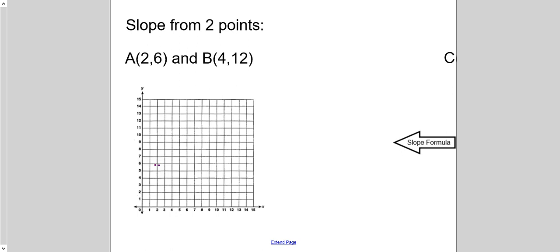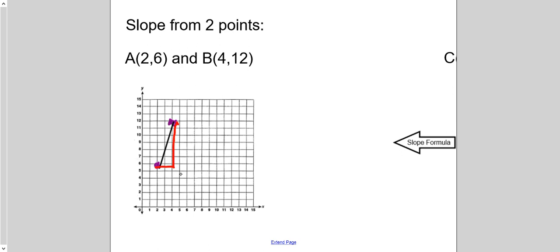So (2,6) is about there, and (4,12) is up here. And then you would draw your line in between them. And from there, you'd have to figure out your rise over your run in order to get your slope.